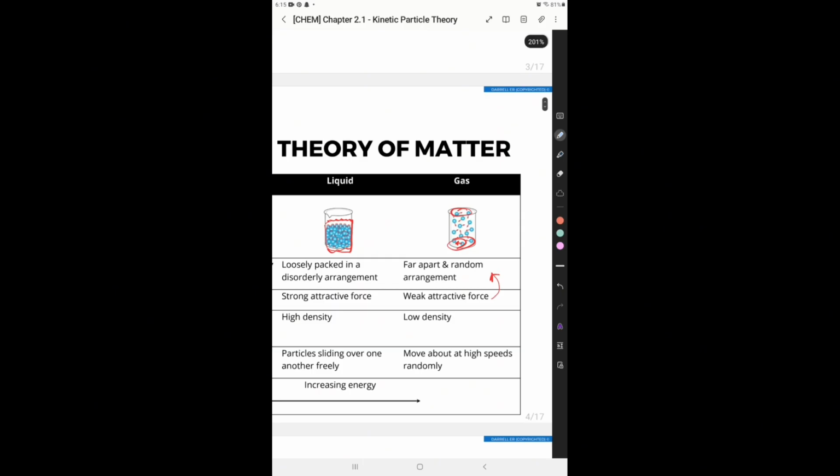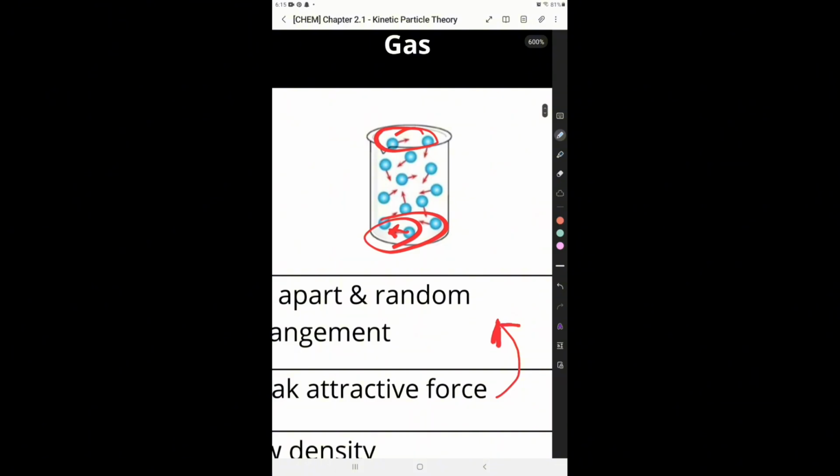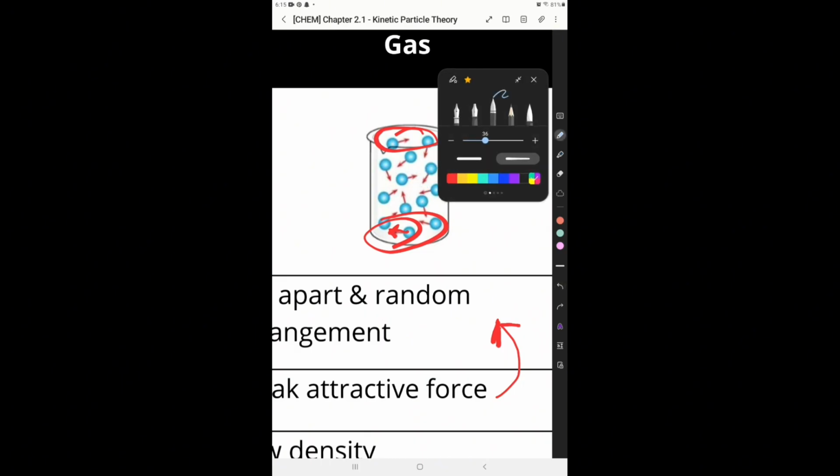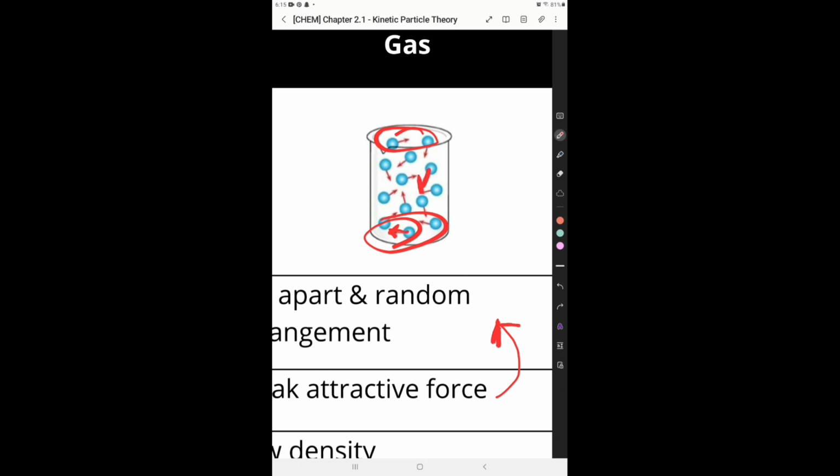And in gases, the particles are so far apart from each other. They are in their own world. They are moving at high speeds randomly, like these arrows. This one is moving in this direction, this one is moving in this direction. They just do whatever they want to do.